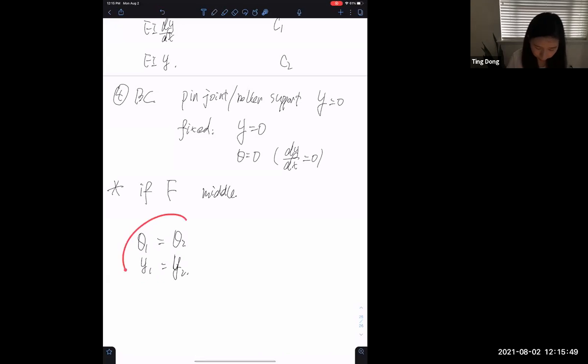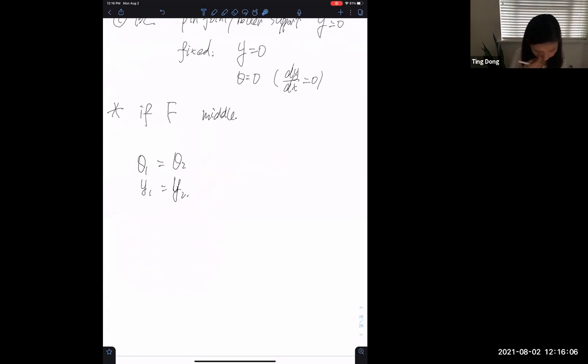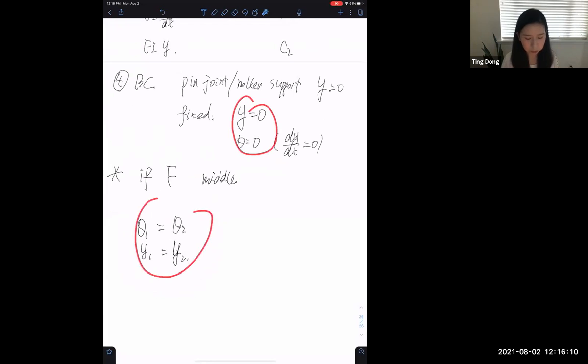So this becomes the extra two boundary conditions we can use, because we need to have the M on the left part and the right part. So we have M1, M2. So we integrate once, we have theta 1, theta 2, and y1, y2. And so now we use these to solve the unknowns.